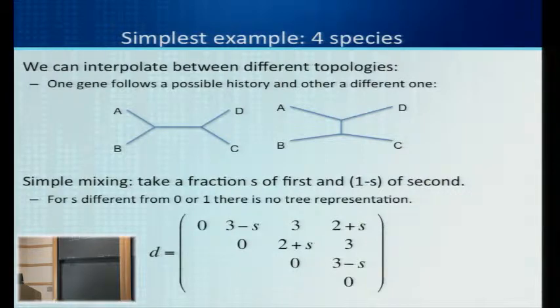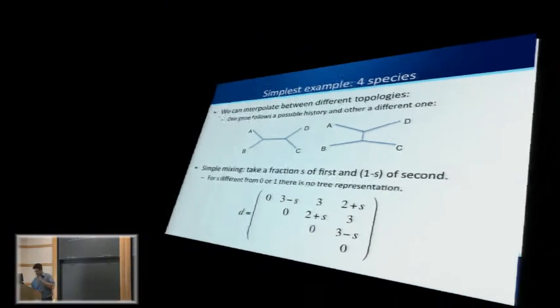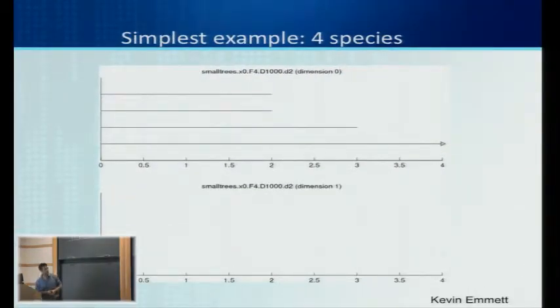If you have 0, then you are completely tree-like. If you have 1, you have tree-like, but a different topology. And in the middle, you have a parameter that is mixing the 2 of them. Going back here, I want you to look at what's happening when we start mixing. The parameter of mixing is there.